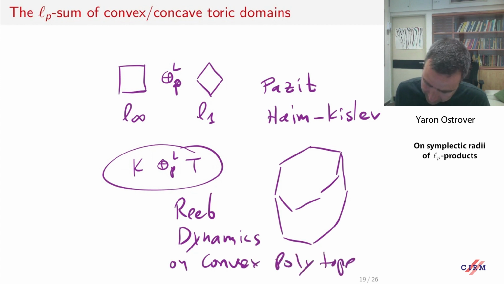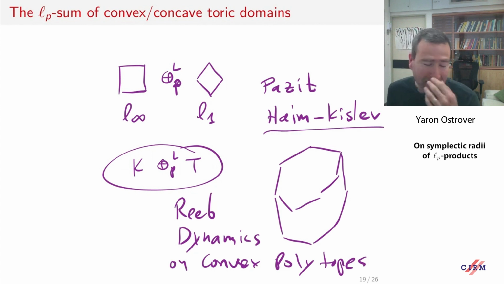It looked very explicit, maybe not as explicit as it looked, but she can write down a formula. It's kind of amazing that it's a very precise formula.